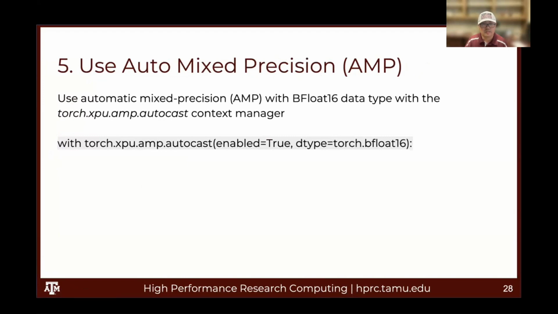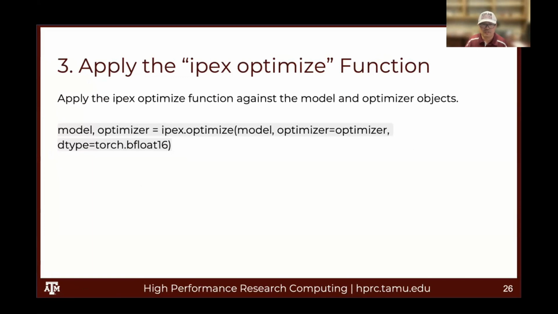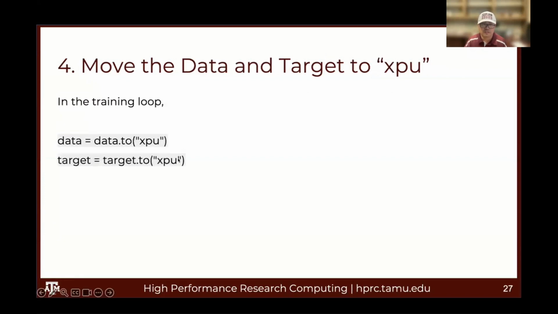Because for the next, when we do the fifth step, we will be using bfloat16, so they have to be consistent. Here, also, bfloat16 will give a better throughput compared to FP32. So here we choose bfloat16.